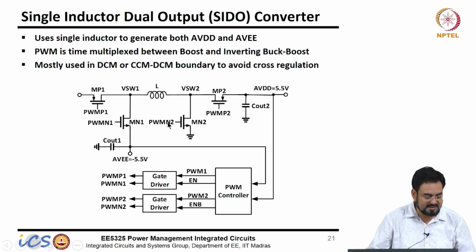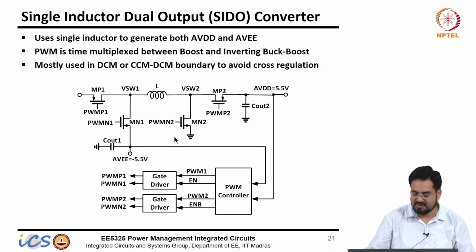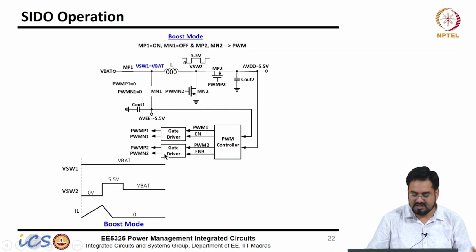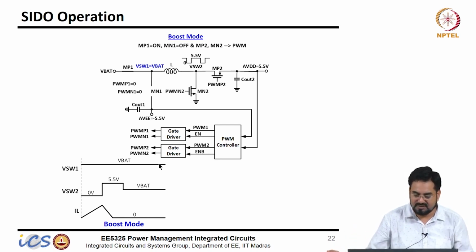It requires an H-bridge, and we will now have two feedback controls, one for controlling the duty cycle of your inductive buck boost, the other for the positive boost converter. This is how it works, and we already saw it in single inductor multiple output. You allot half the time to boost and the next half to the inductive buck boost, so it is more like multiplexing in time.